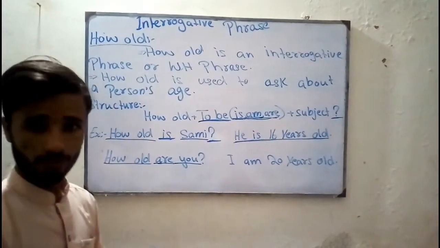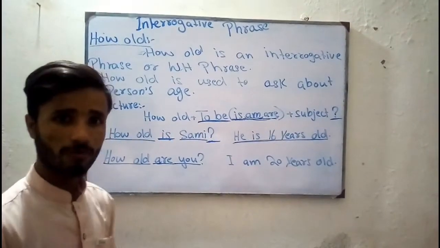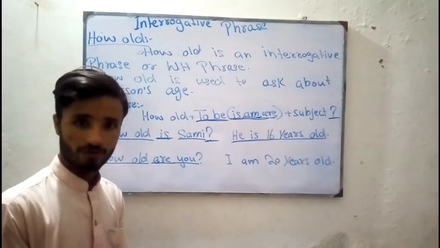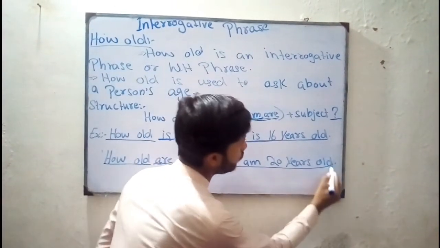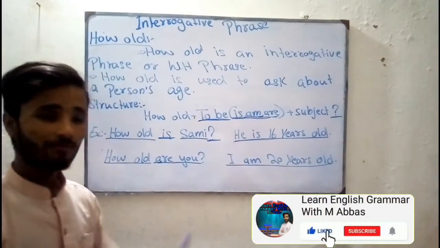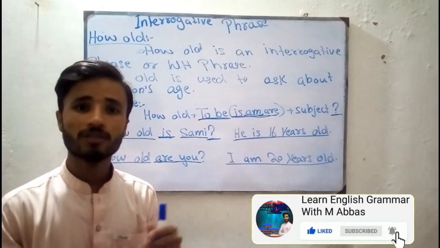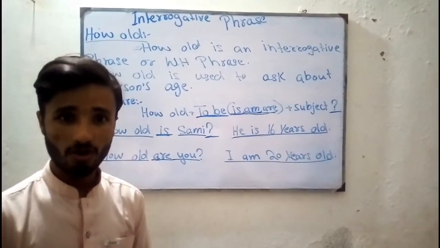Now I want to know about your age, so I have to make a question like how old are you? Your reply must be like this, I am 20 years old. After you replied, I came to know about your age, that you are 20 years old.